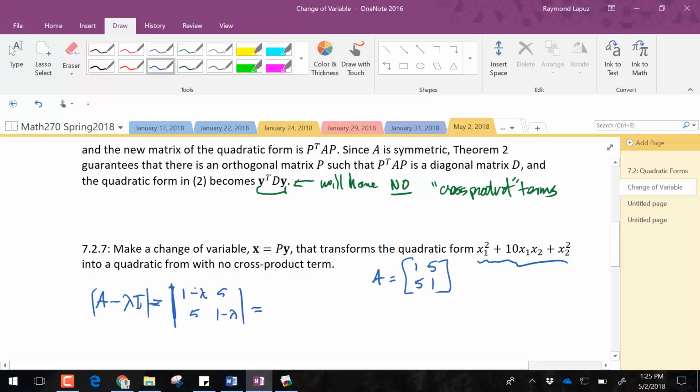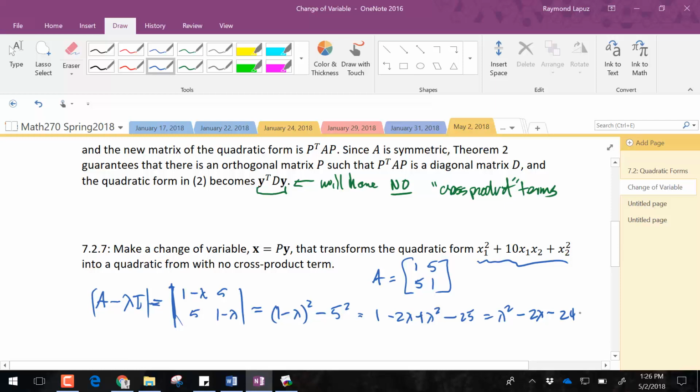So this is a 2 by 2, so the determinant is pretty easy. It's (1 minus lambda) squared minus 5 squared. Is that right? So 1 minus 2 lambda plus lambda squared minus 25. Whoops, this is a positive lambda squared. Lambda squared minus 2 lambda minus 24.